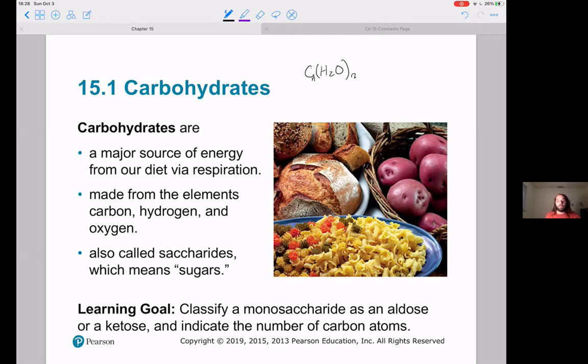That's only for our simplest sugars. When we get into more complex carbohydrates, that's no longer the case. But that's where the name comes from: hydrate for water. Simple sugars have this generic formula that you see written up there.